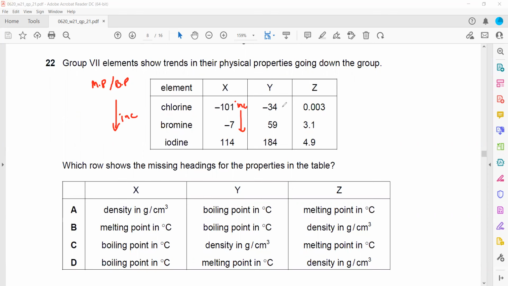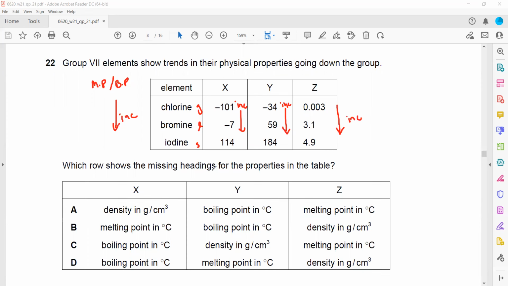Then what about Y? Minus 34, 59, and 184. So it is increasing. So it can be a melting or boiling point. And what about the states? When we check the state, chlorine is a gas, bromine is a volatile liquid, and iodine is solid. As we move down the group, the density also increases.